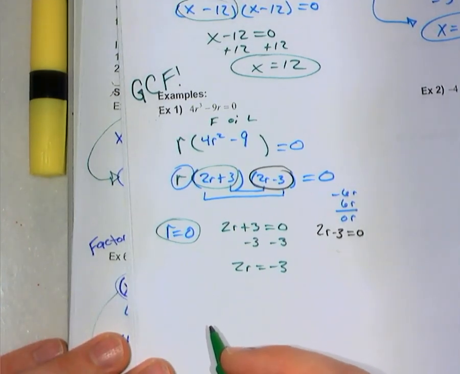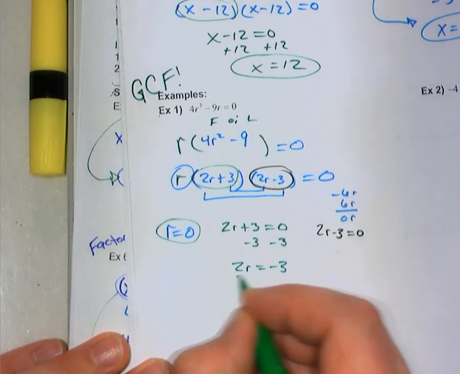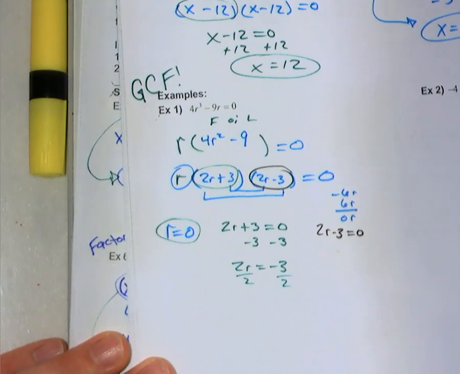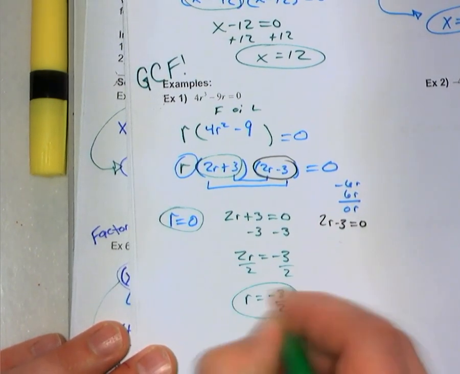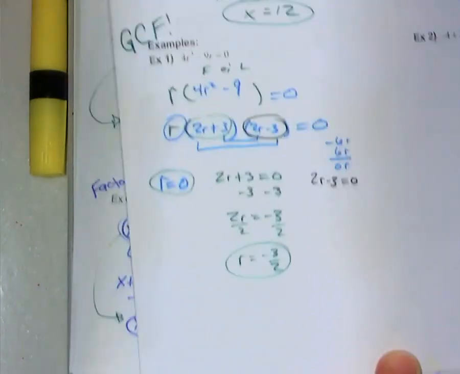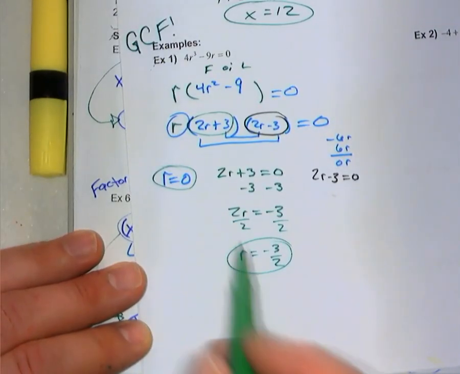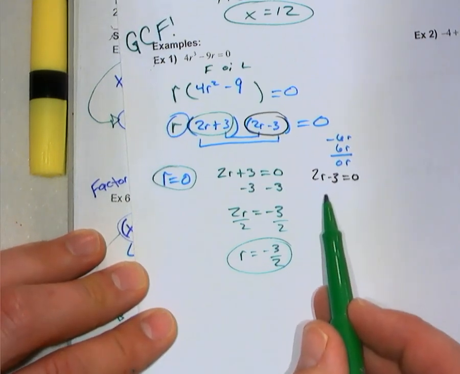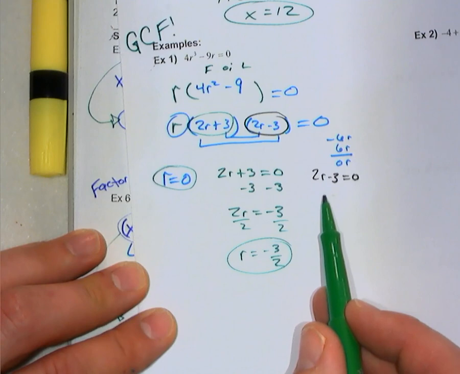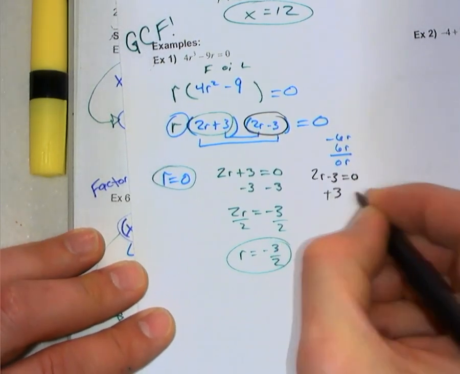And then last step, Griff, what do we have to do? Divide by 2. Now we have r is negative 3 over 2. So again, we have r equals 0, r equals negative 3 halves, and we have this last one. How do we solve this last one? Jet, what would be the first thing you do? Add the 3 over.